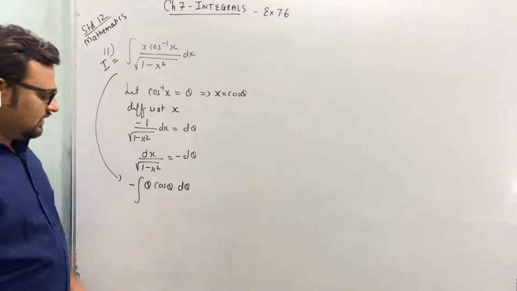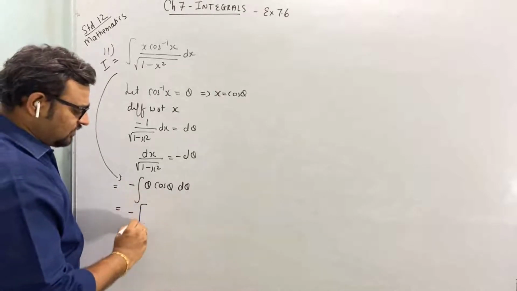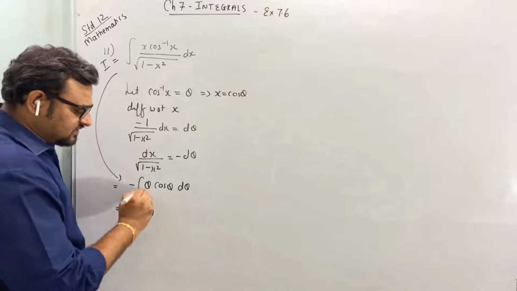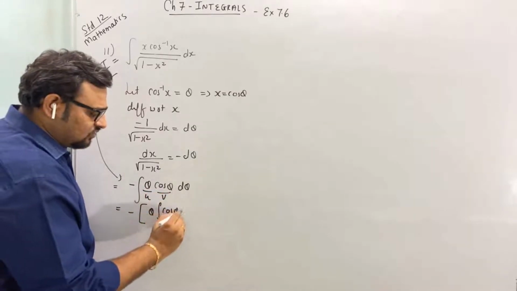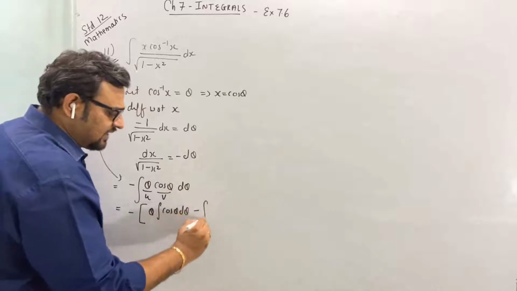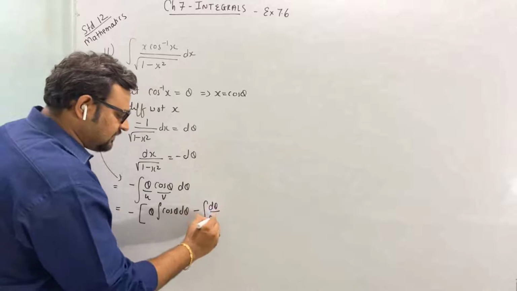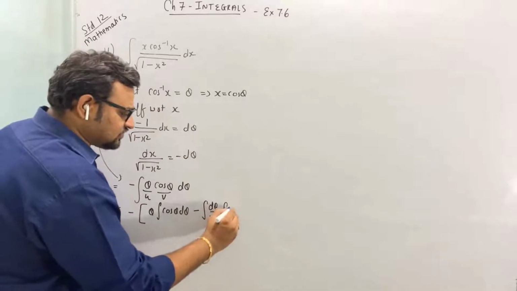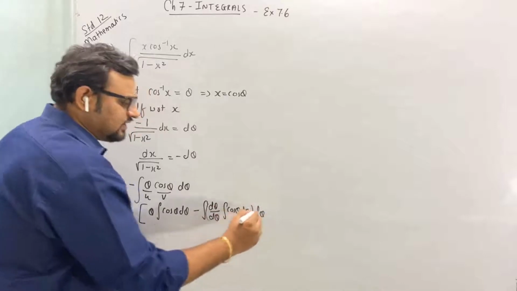So uv, this will be equal to minus, I will take common, theta as it is, this will be u, this will be v. Integration of cos theta d theta minus, now derivative of u means d theta by d theta, integration of cos theta d theta, whole d theta.